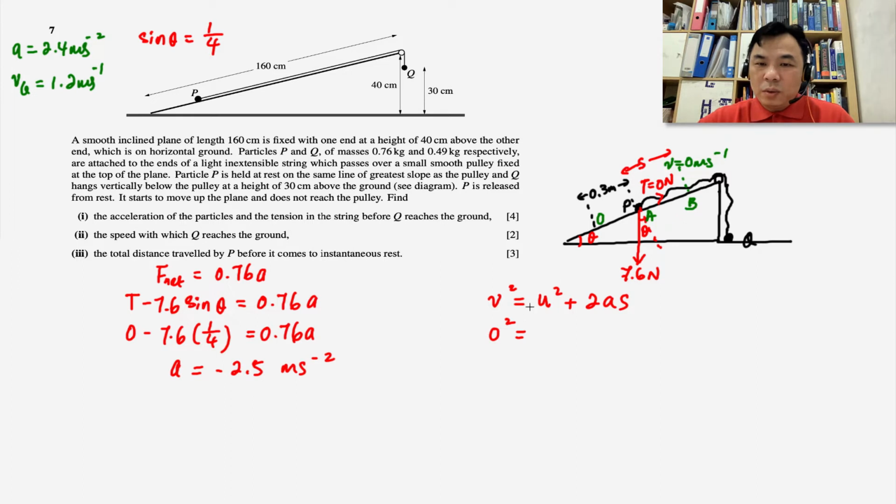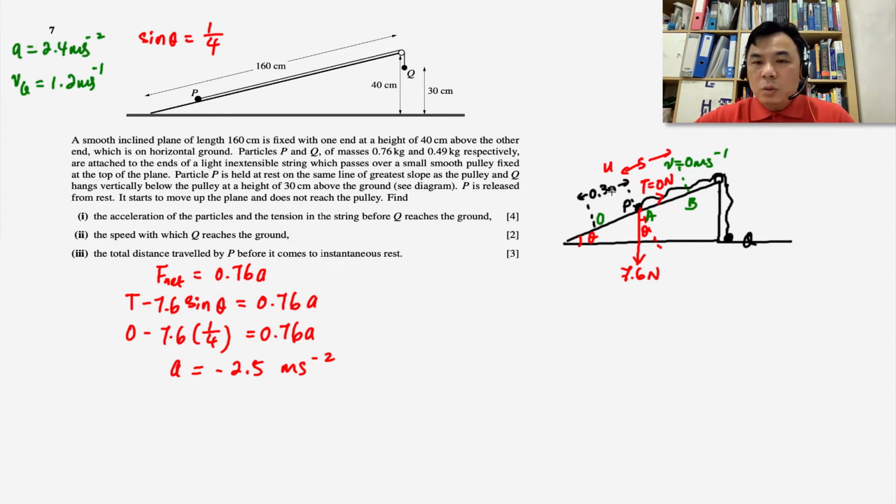What will be the speed of particle P when it has moved from O to A here? I'm going to label this as u. We're going to find out u first.